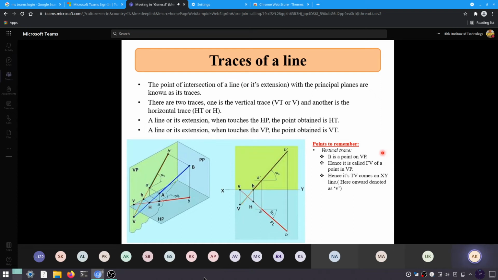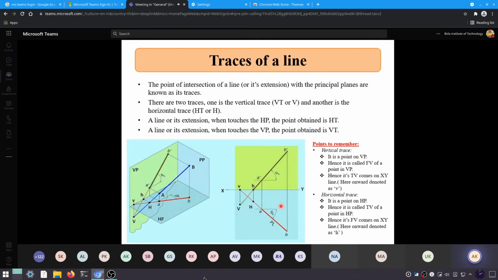So there are certain points that you have to keep in mind for horizontal trace and vertical trace that we have already discussed. What is H and what is V, right? One more thing you should keep in mind: small h and small v, you can easily calculate with the help of the front and top view.